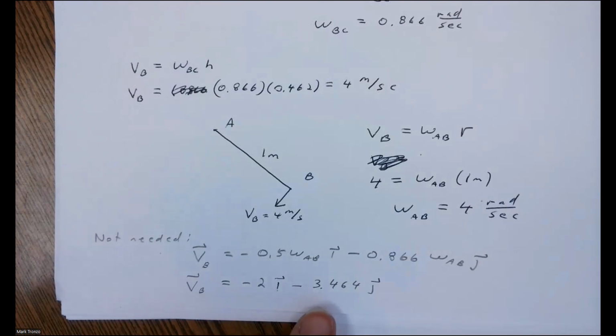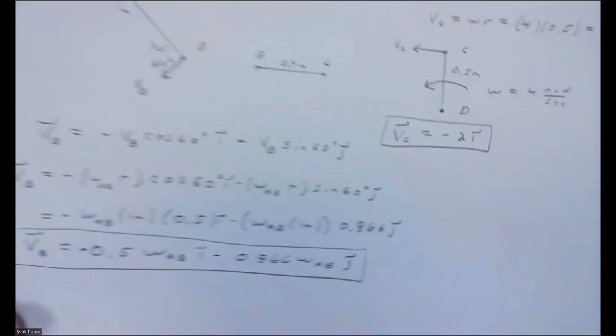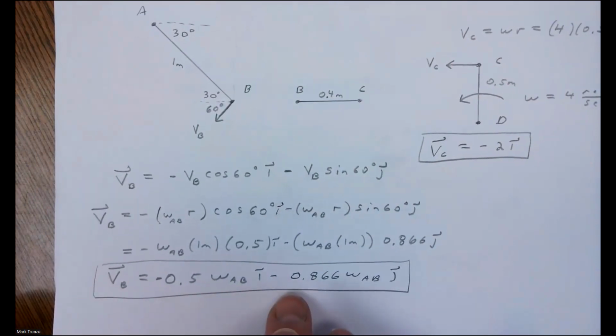Then if you put these in your calculator, you get negative 2I minus 3.464J. Again, the problem didn't ask for this part.